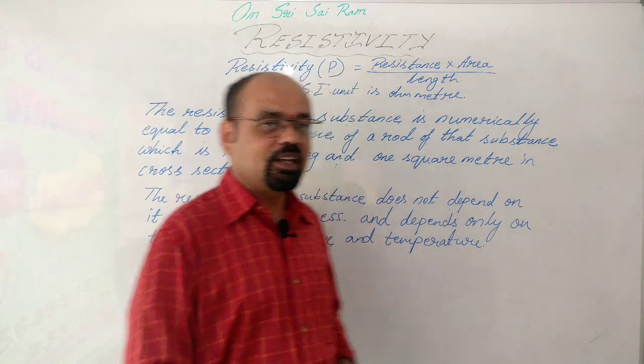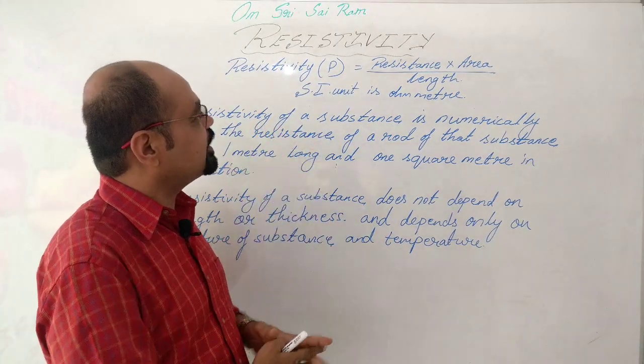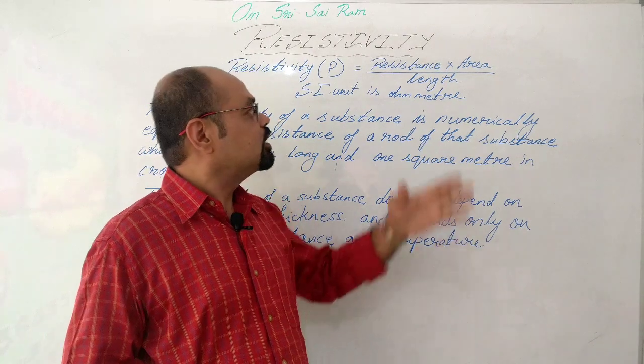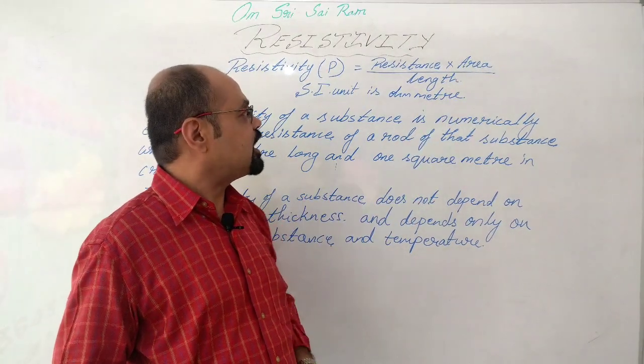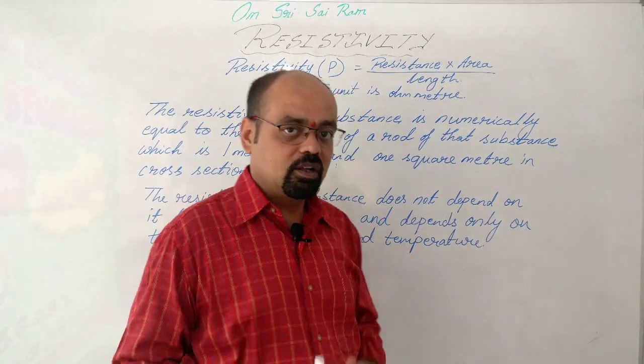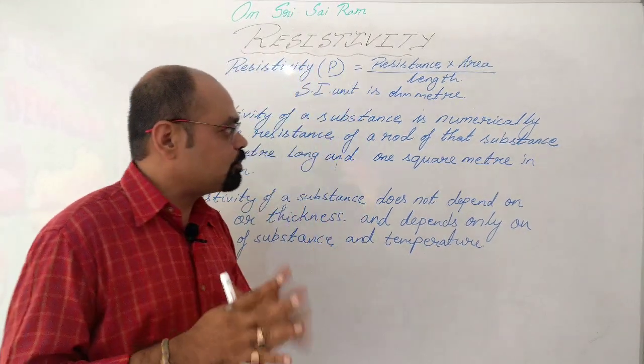We derived the resistivity, that is resistivity is equal to resistance into area of cross section divided by length, R into A by L, and its SI unit is ohm meter. Now here is a very important thing.